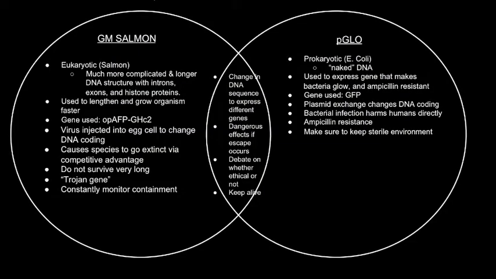So just to go over the sequence, the commonalities and differences between GM salmon and pGLO is how we'll convey our central message a little bit more in depth. One of the commonalities is the application of biotechnology: you change the DNA sequence to get a different protein, and you get a different gene. And obviously there are dangerous effects if escape occurs.